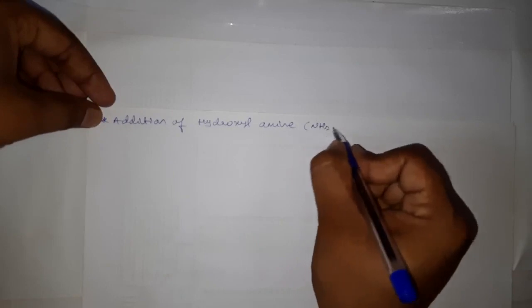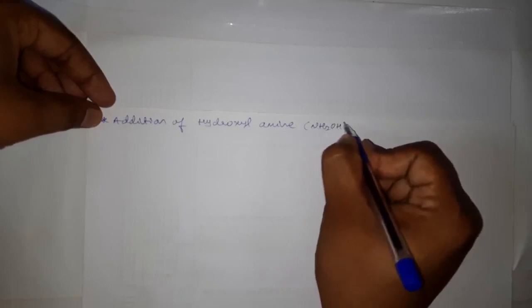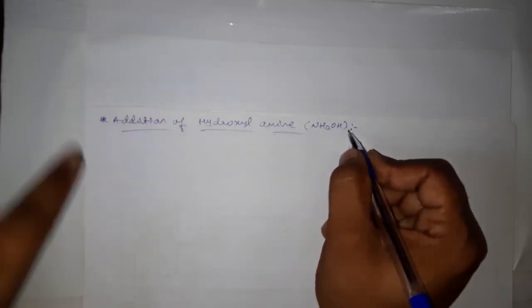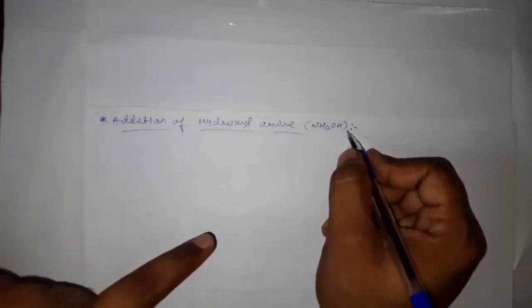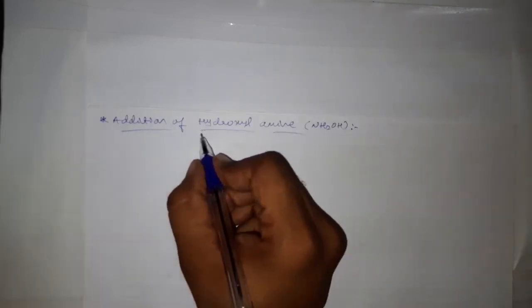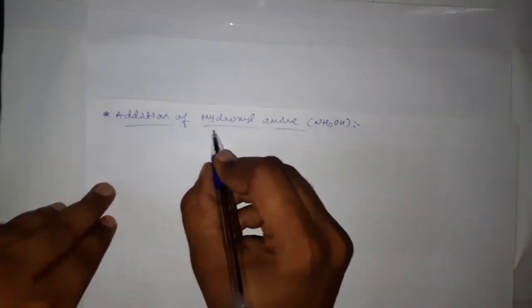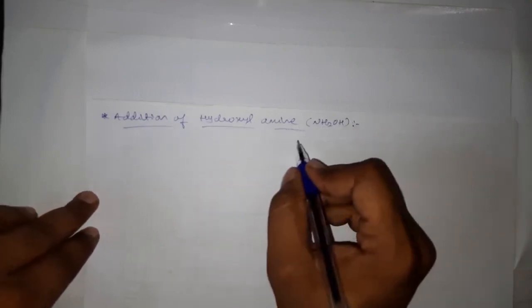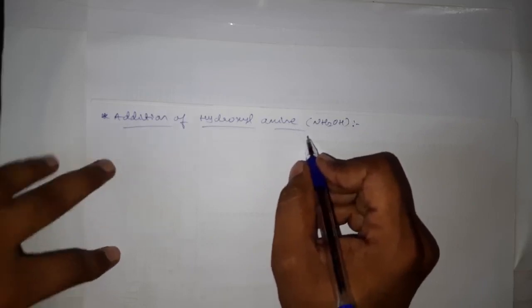The formula for hydroxylamine is NH2OH. Here we are discussing the addition of this NH2OH to the carbonyl group of aldehydes and ketones.